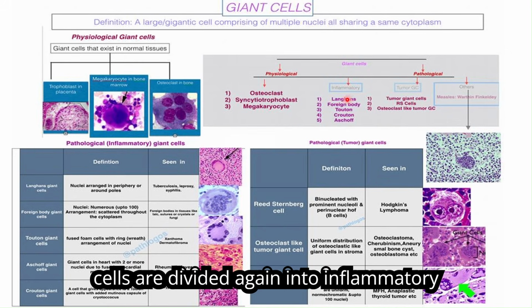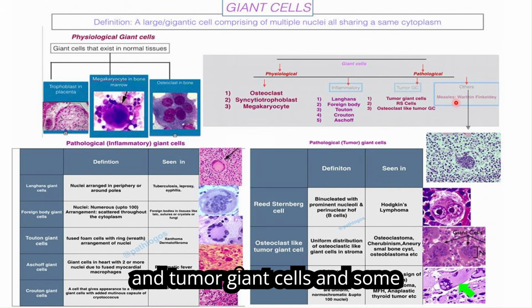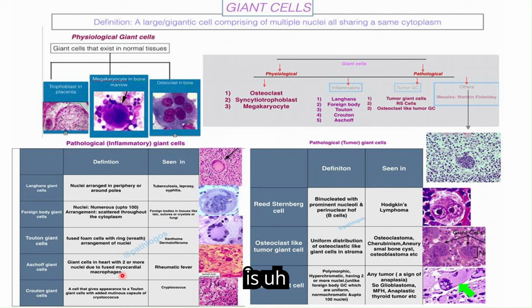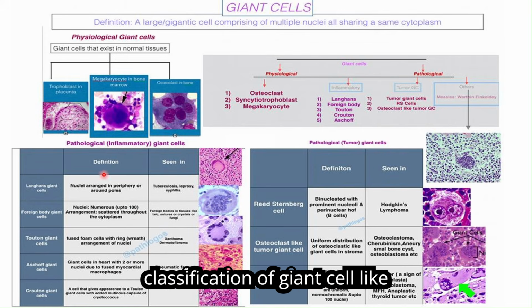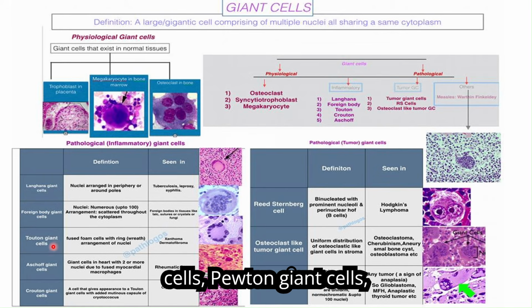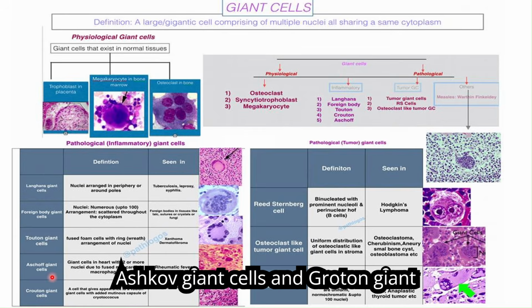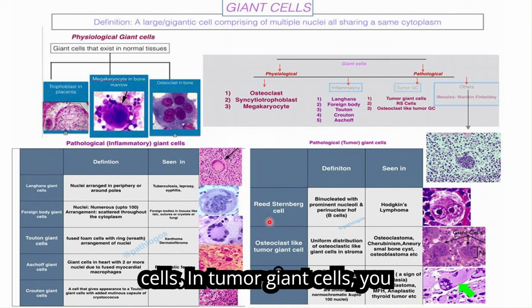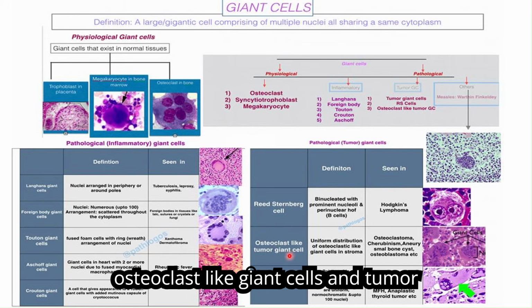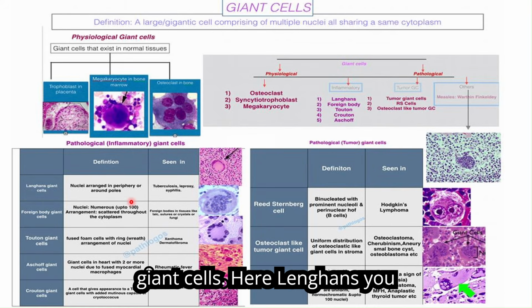Pathological giant cells are divided again into inflammatory and tumor giant cells and some other types. This is the classification of giant cells: Langhans giant cell, foreign body giant cells, Touton giant cells, Aschoff giant cells and Cryptococcus giant cells. In tumor giant cells, you will see Reed-Sternberg giant cell, osteoclast-like giant cells, and tumor giant cells.